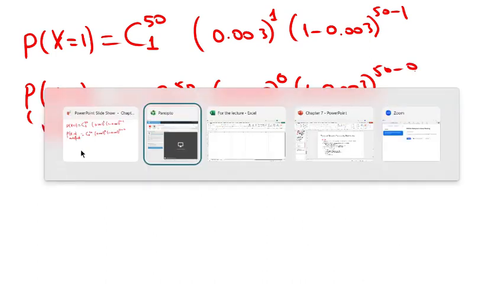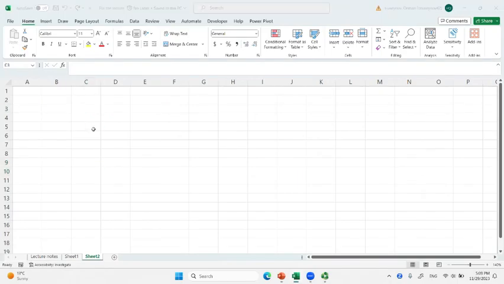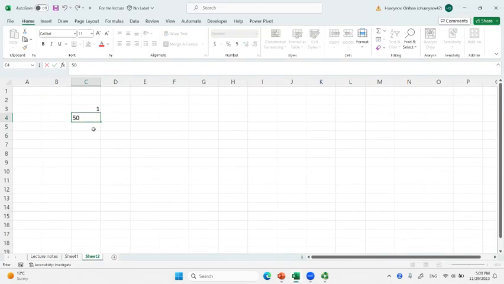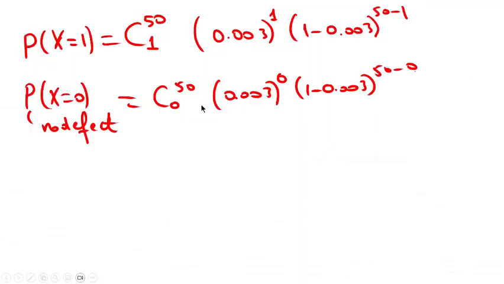Let's do that together. So I have 1, I have 50, I have 0.003, I have 1 minus 0.003, and I have 0, I have 50. Okay, now let's do the first calculation.